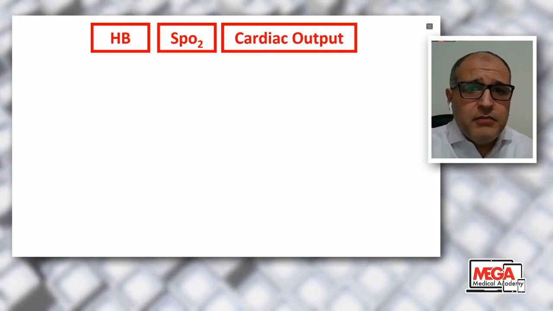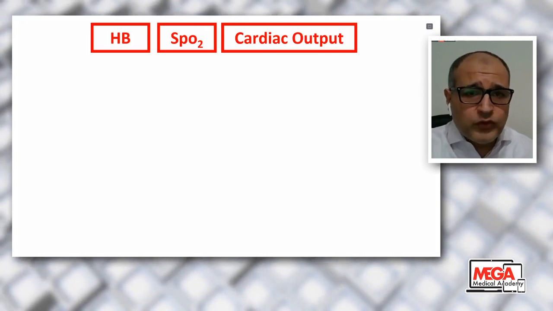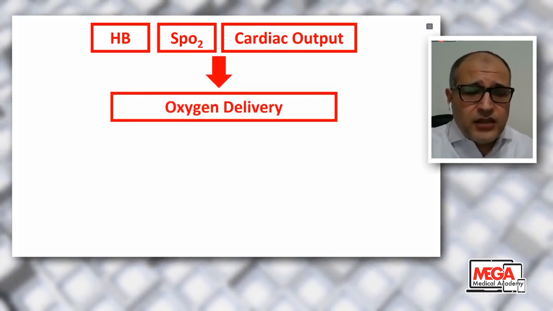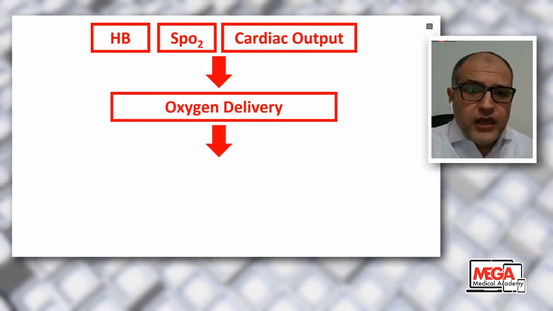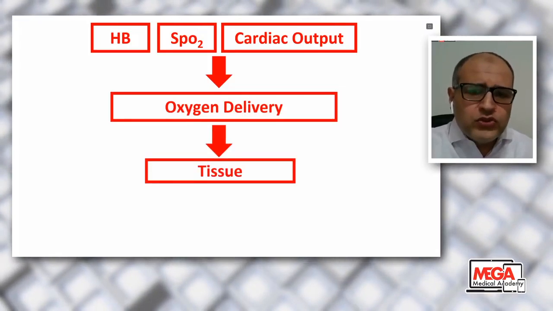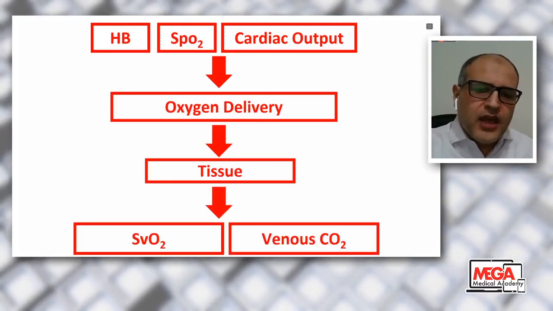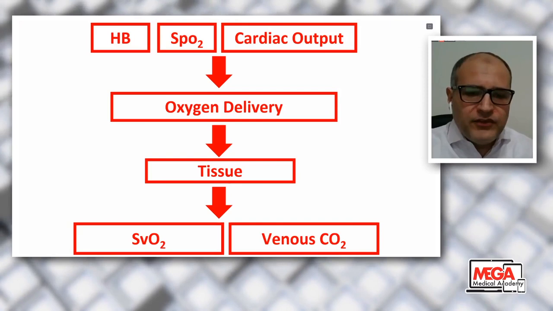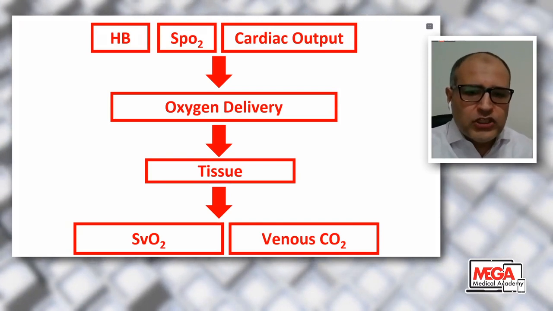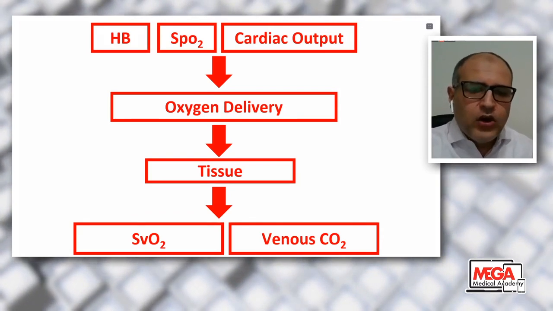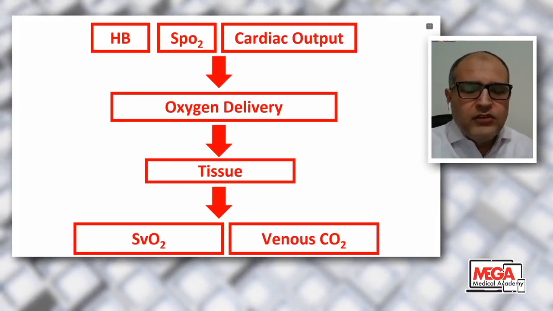These are the three major determinants of oxygen delivery. These determinants lead to oxygen delivery to the tissues, and the tissues use oxygen and produce CO2, and some oxygen returns back in the venous blood, which is the oxygen saturation. So I have at the end venous oxygen saturation and venous CO2.